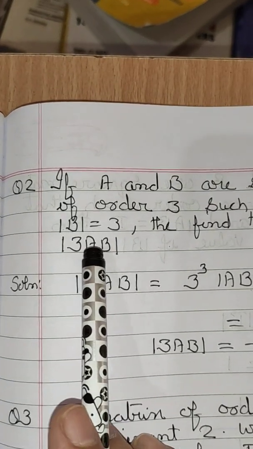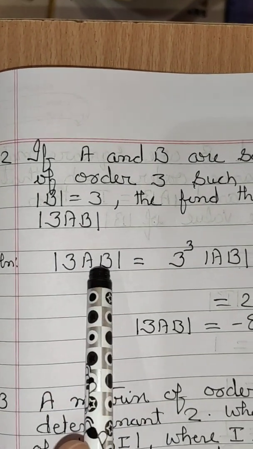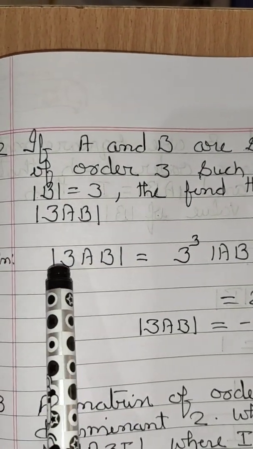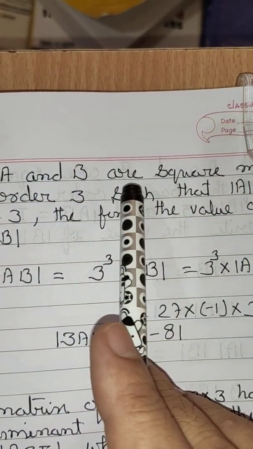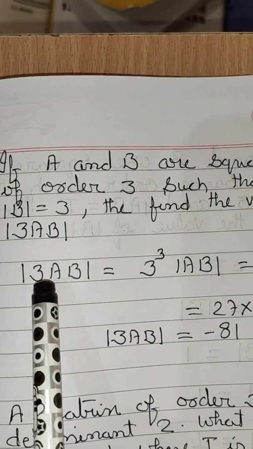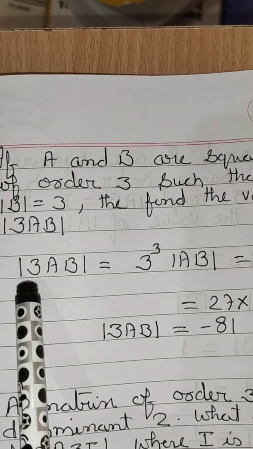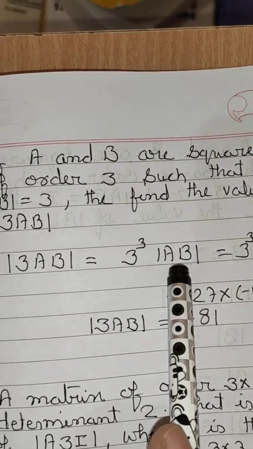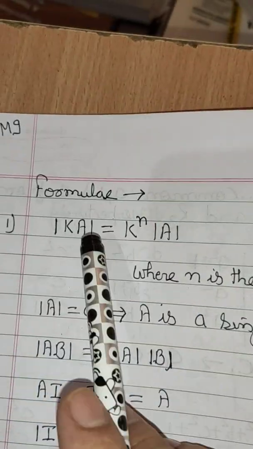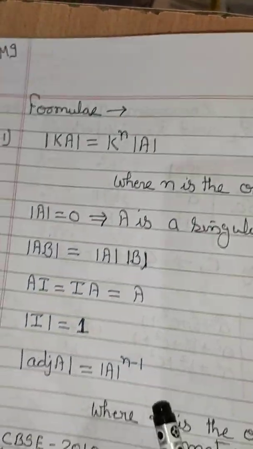AB is also a product of these two matrices. A and B is again a matrix. In this we are multiplying by 3. So the order of AB is 3 by 3, that is order 3. So when we take 3 common from this, what will we get? 3 raised to the power 3 into determinant value of this matrix. The product of two matrices is again a matrix. First I used this formula.